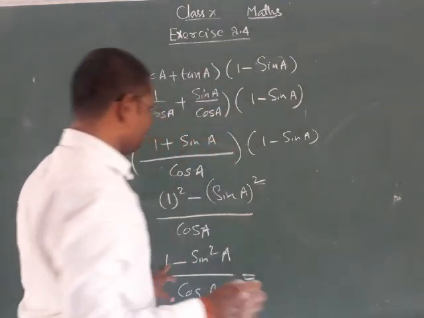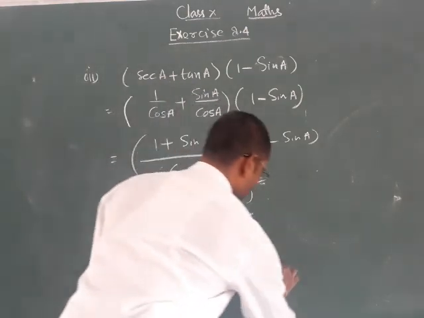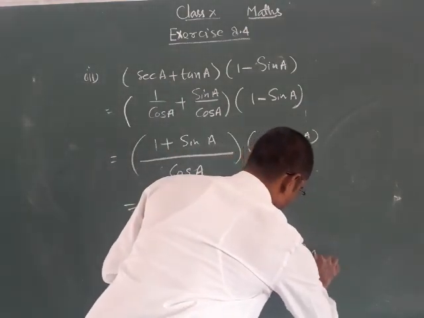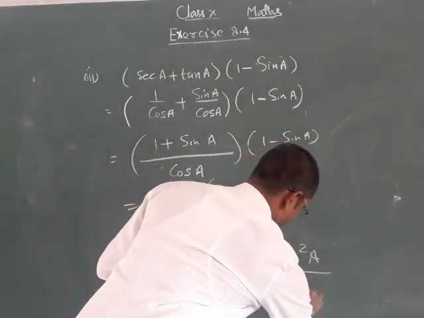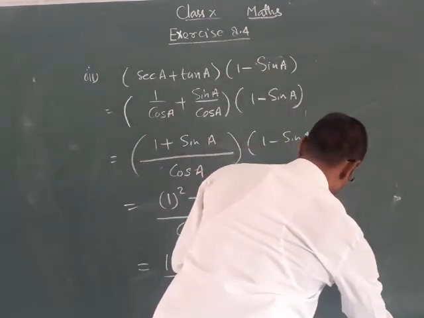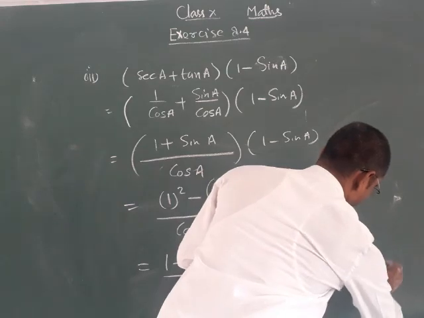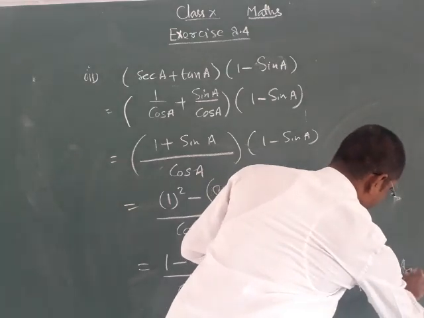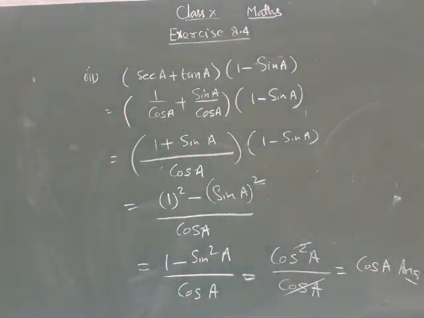By the identity 1 minus sin square a is equal to cos square a upon cos a. So cos square cancels out, so remaining 1 upon cos a. Yes, this is the answer.